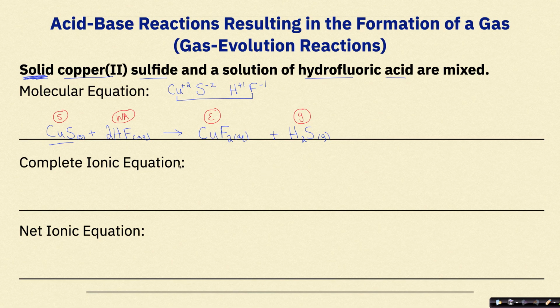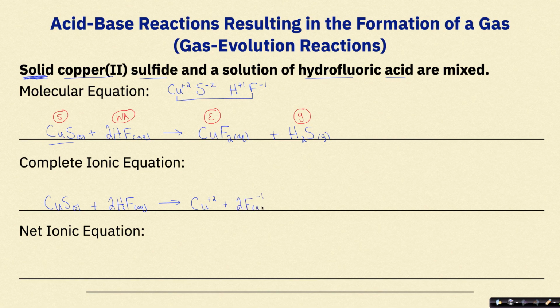So when we go on and we write our complete ionic equation, CuS solid is going to stay together, plus 2HF aqueous is our weak acid. We're not touching that either. Okay, and then we're going to have Cu plus 2 plus 2F minus 1.